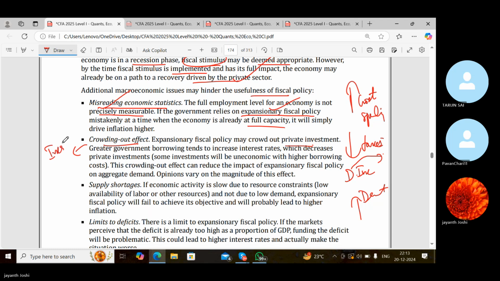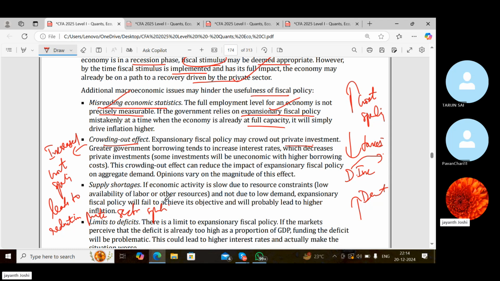Increased government spending leads to reduction in private sector spending. So what happens? This happens because government's borrowing to finance its spending drives up interest rates, making borrowing more expensive for businesses and consumers.